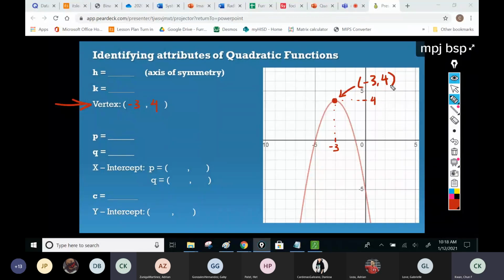And for the vertex, we'll assign two letters for the location. We'll call them H and K. So the H and the K refer to the numbers right here and right here. That means H is -3 and then K is +4.